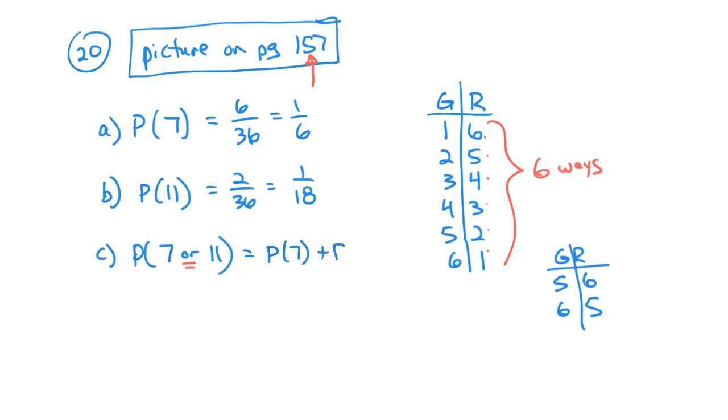There is no overlap. So probability of a 7, this time I'm going to keep them not reduced, since we're going to have to add these together. And you get 8 out of 36, which would be 4 out of 18, or 2 out of 9, or as a decimal if you want to.